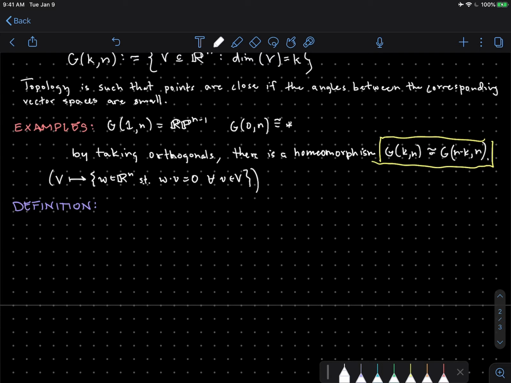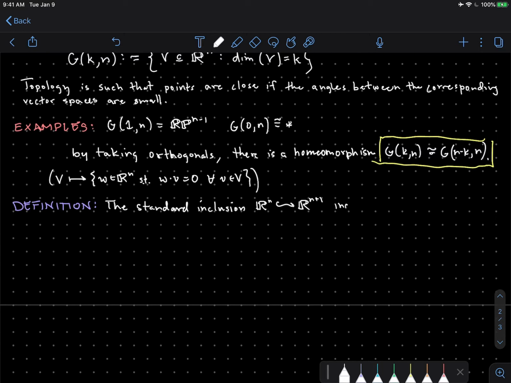So the first thing we can say is that the standard inclusion again of Rn into Rn plus 1 induces an inclusion of G(k, n) into G(k, n plus 1). And so this continues. We can take the colimit and get something that we might call G(k, infinity).